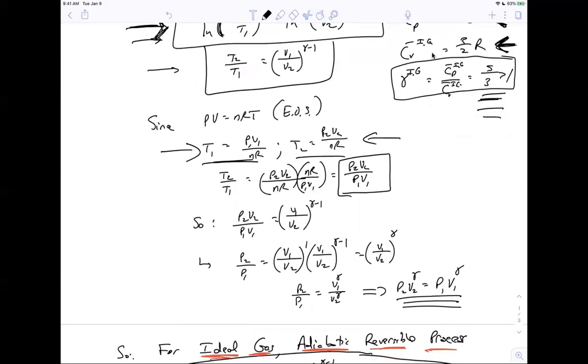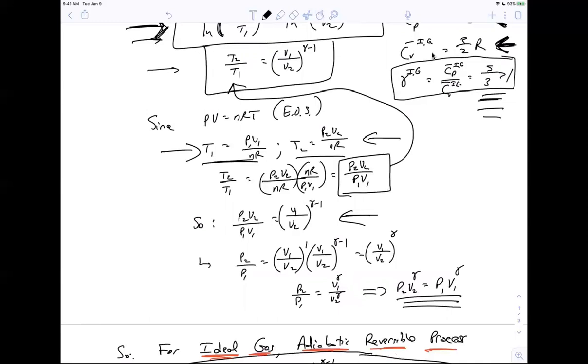Okay. So P2 over V2 times P1 over V1, which is T2 over T1, is related to V1 over V2 raised to the gamma minus 1 in this step, where all I've done is replace the ratio of this guy here.